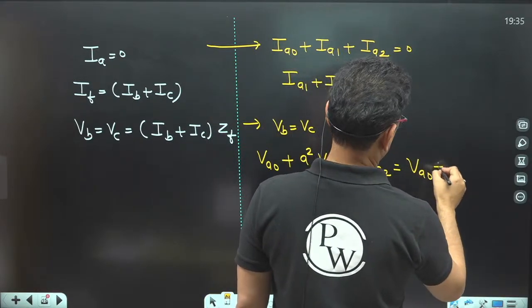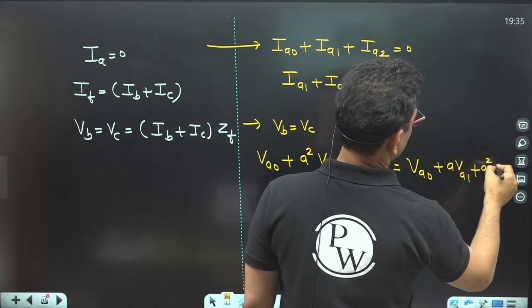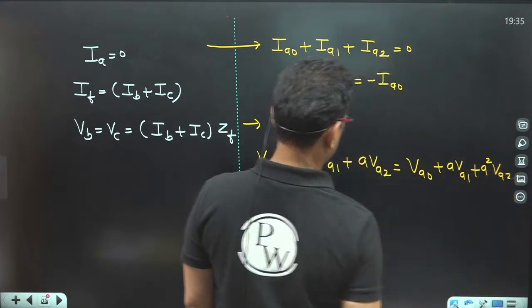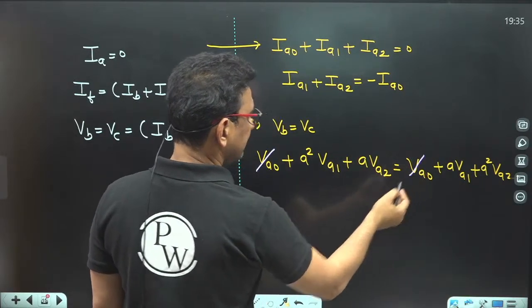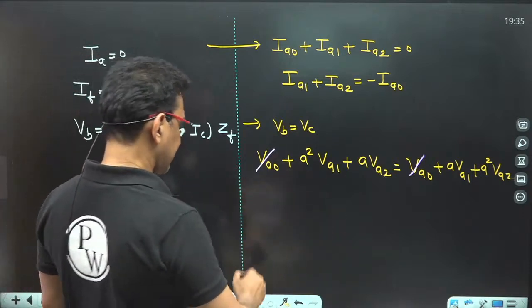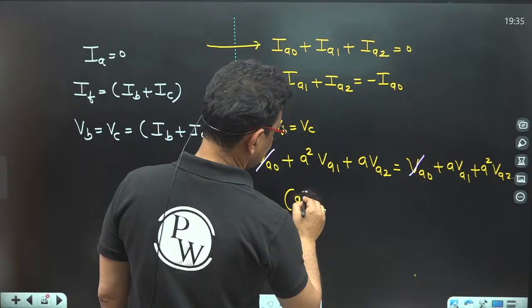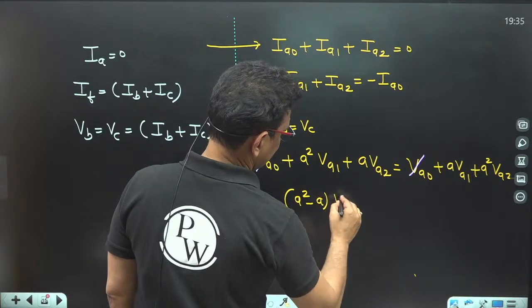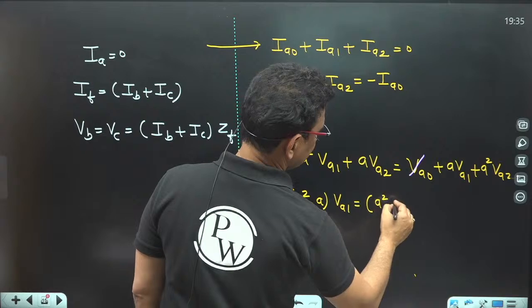VC is VA0 plus A VA1 plus A square VA2. Now this VA0 and the VA0 will cancel out. Then we get A square minus A times VA1 minus A square minus A times VA2.